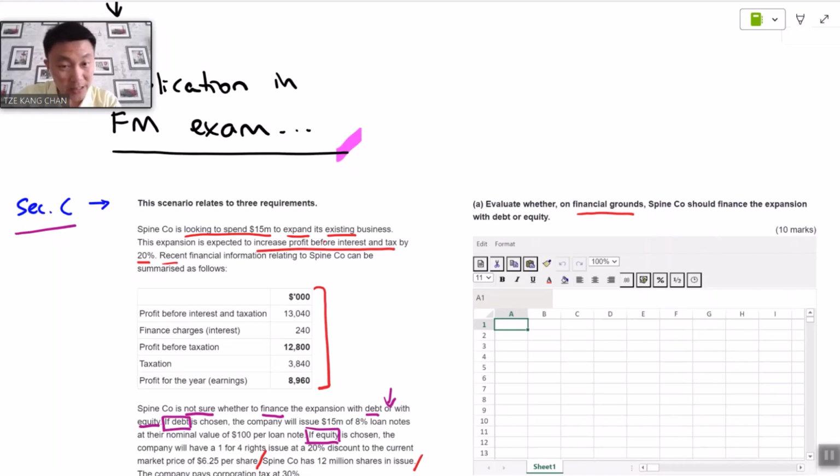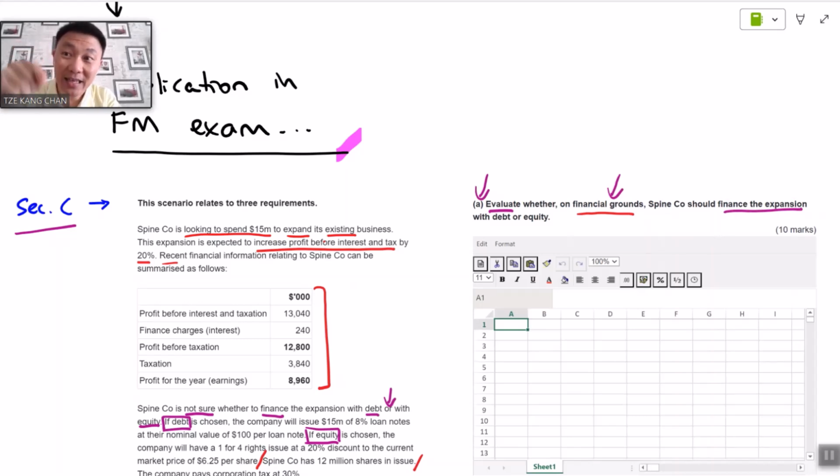Please take note, this video is not meant to produce the full-scale answer, but to show the application and relevance of the discussions that we made earlier, to help you better understand and structure your answer planning to respond to requirement A, that is asking candidates to evaluate whether, based upon purely financial grounds, the company should finance the expansion of the business.